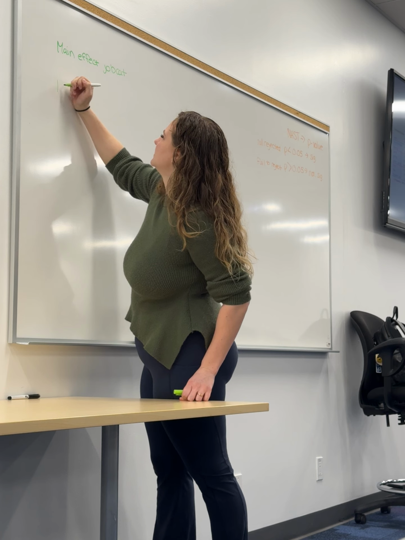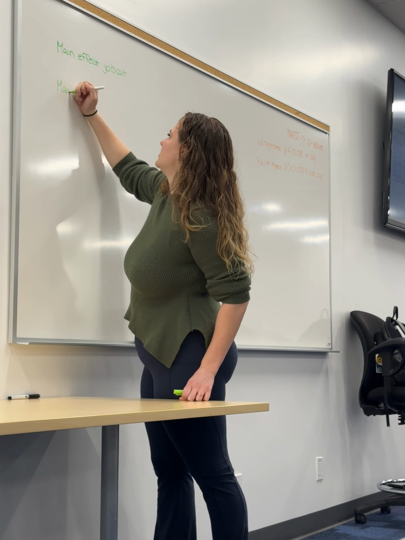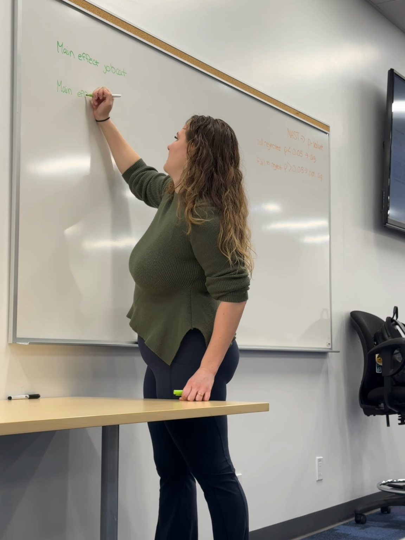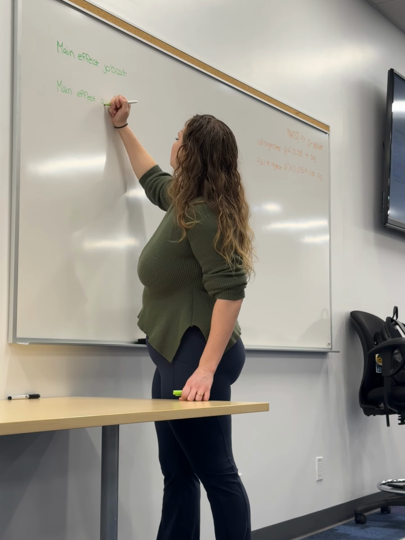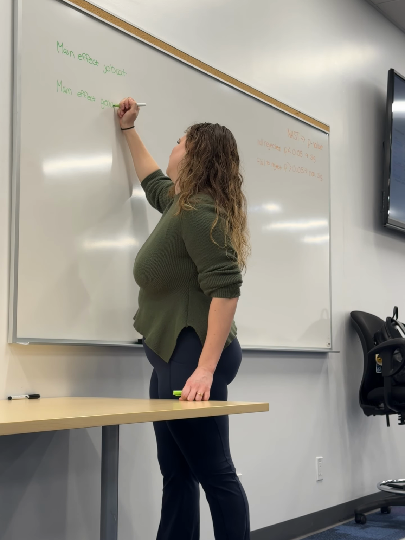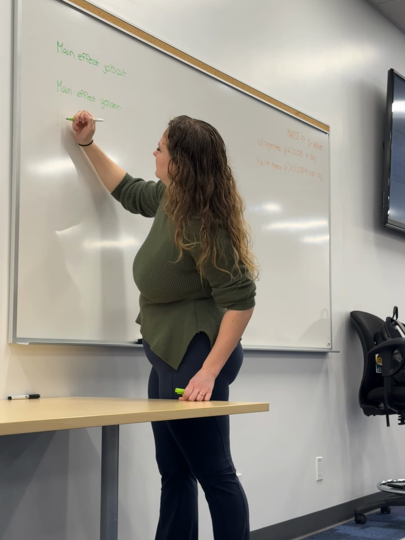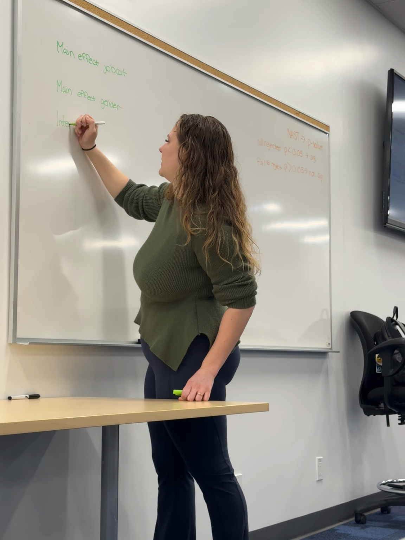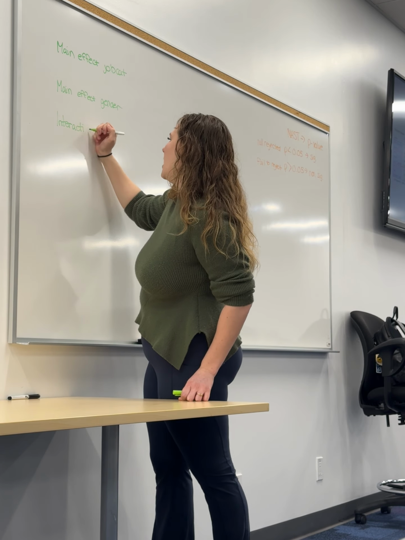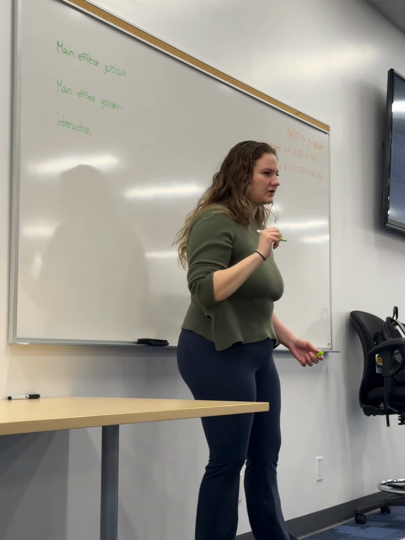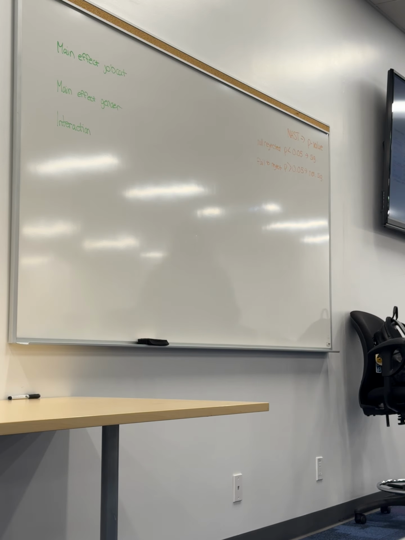We have a main effect of gender. And you have an interaction. Obviously, this will be different for your final depending on what the question is, but know that you will have two main effects and one interaction effect.